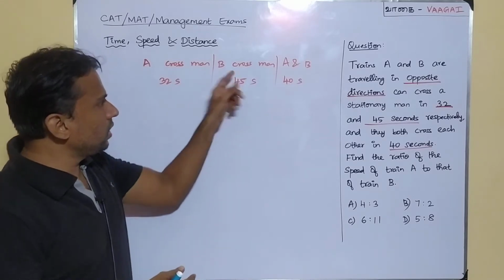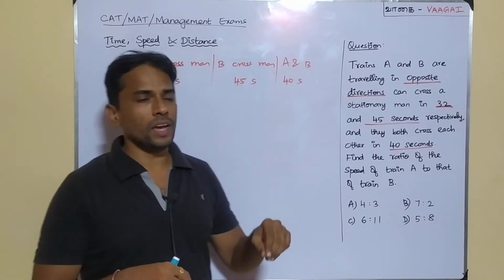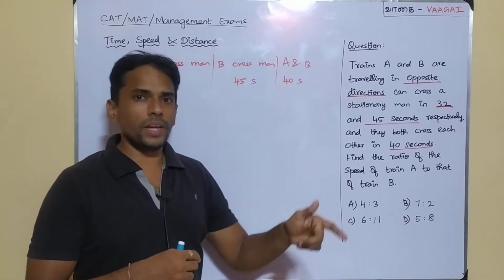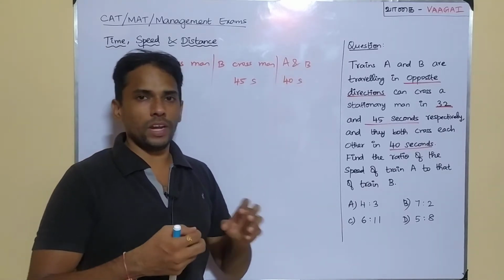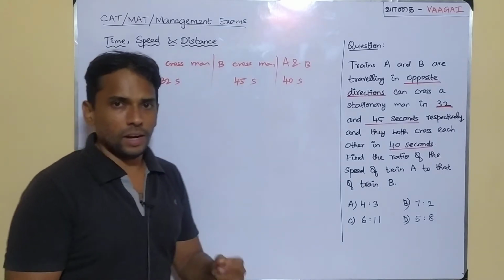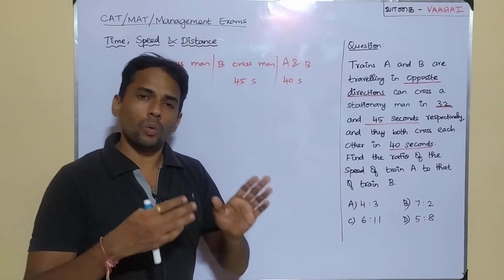And same way, if you come to the second case, here we have train B crossing a man. So again, in order to explain this, we need train B's length also, and here A and B. So we need both their lengths. Of course we need the lengths of train A and train B, and in turn, since they are going to cross a man, those trains are going to be the only moving objects.